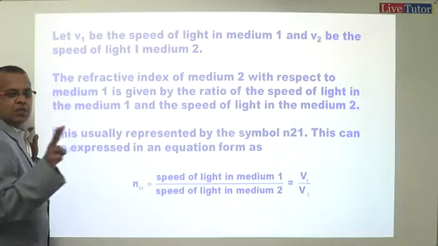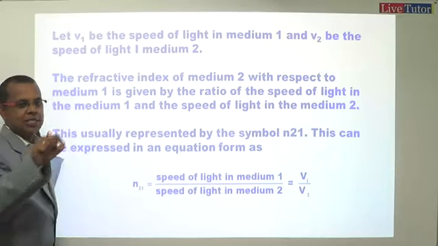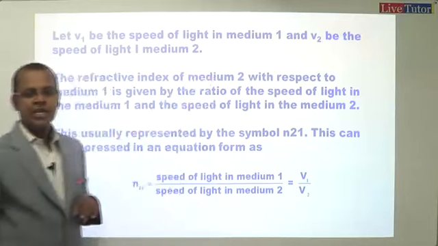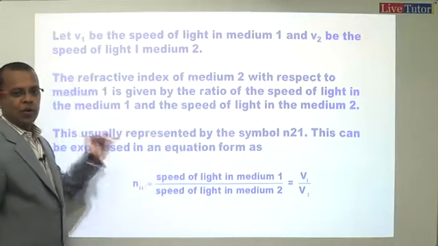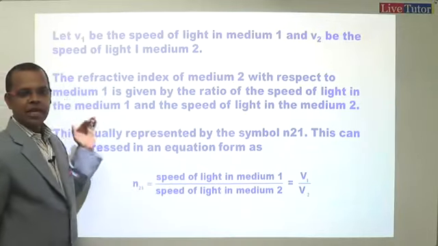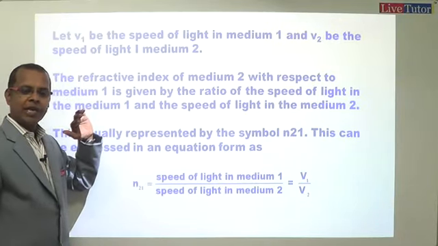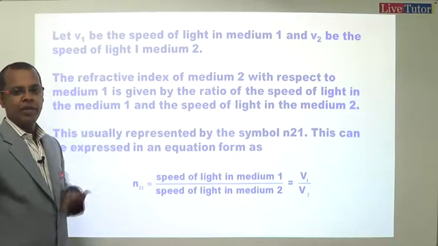Now, since we have taken two media, in the first medium let us take the speed of light as v1 and v2 as the speed of light in the second medium. Okay. Now, what is refractive index? We are comparing the speed of light in two different media.